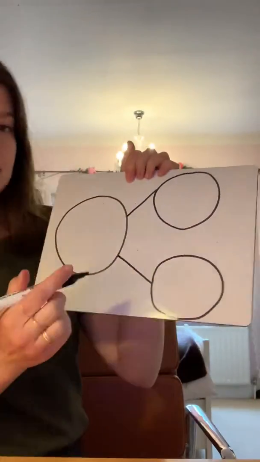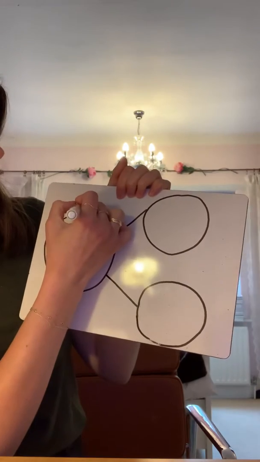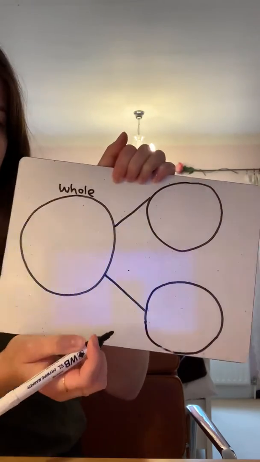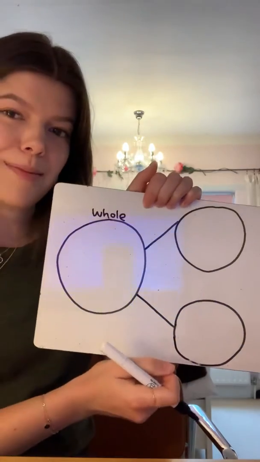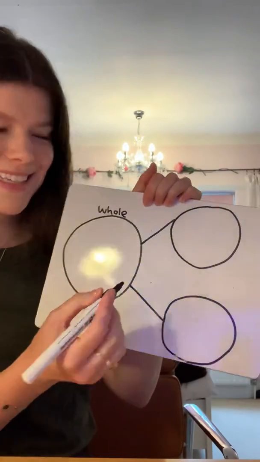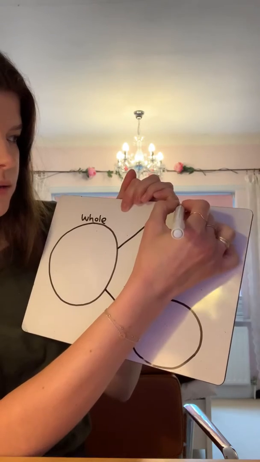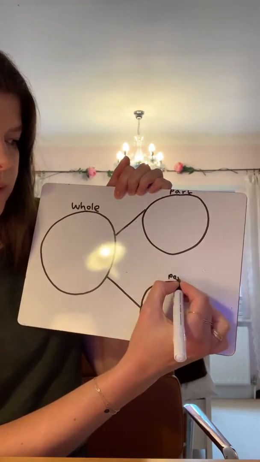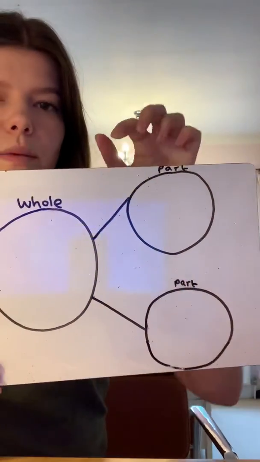So I'm just going to show you those bits, okay? So this part here is the whole, so I'm just going to write whole. And then what do you think these two might be? Amazing, the parts. I'm going to write part and part, okay. So have a little look. So we've got the whole.